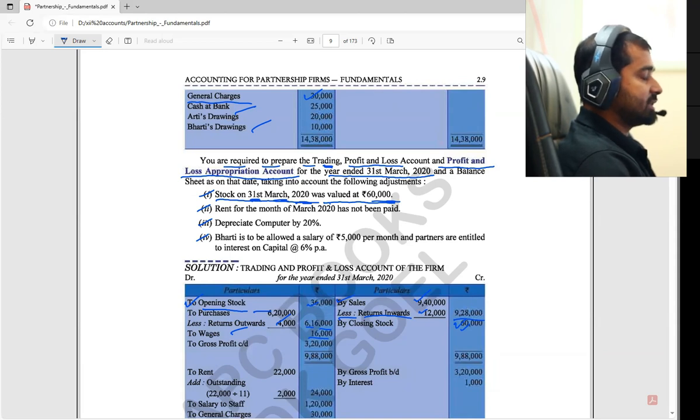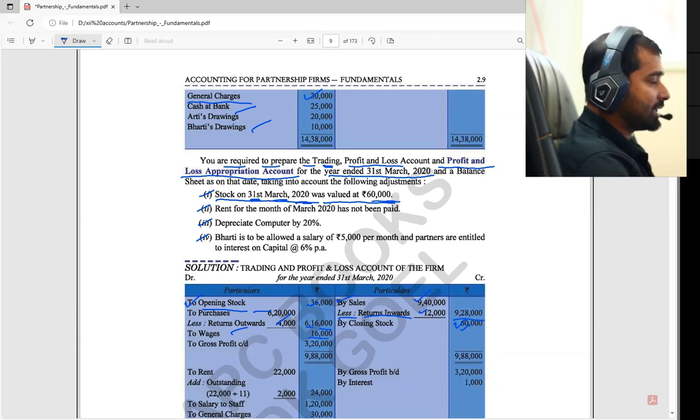Now again, to summarize: when you make a trading account, all the direct expenses we write on the debit side and all the direct incomes on the credit side. Direct expenses start from opening stock, purchases less purchase return, wages, carriage inwards, octroi or other direct expenses like fuel, water, royalty charges.